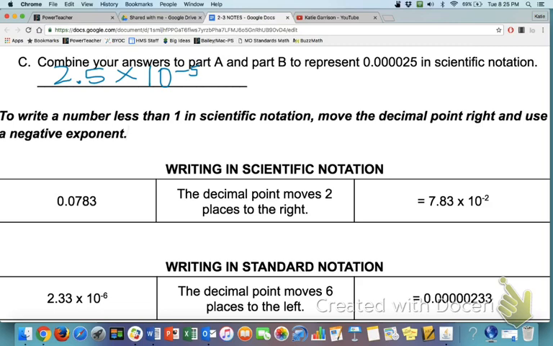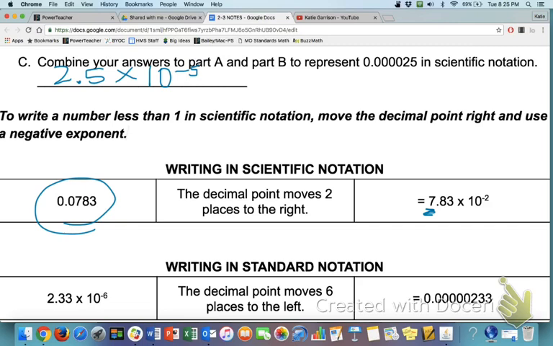Okay. Second part. To write a number less than 1 in scientific notation, move the decimal point to the right and use a negative exponent. I don't want you guys to get too hung up on which direction you move it. All I want you to know is if it's a tiny number, we are representing a tiny number by making it bigger.